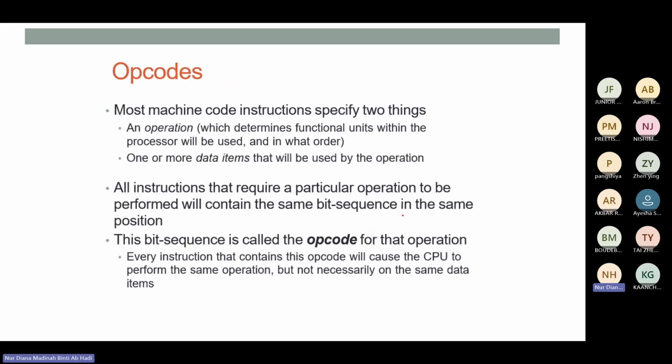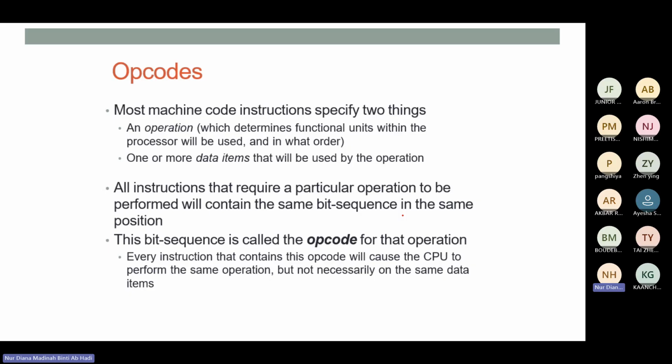So next, opcode. Most of the machine instructions specify two things: operations, which identify the functional units within the processor that will be used and in what type of order, and one or more data items that will be used by the operation. All instructions that require a particular operation to be performed will contain the same bit sequence in the same position.